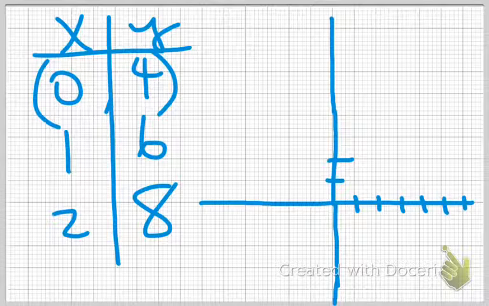I'll need up to 8. You only have 6 here, but I only need to go to 2 there anyway, so it's okay. So I'll have 0 and 4 start there. And 1 and 6 go there. And 2 and 8 go here.